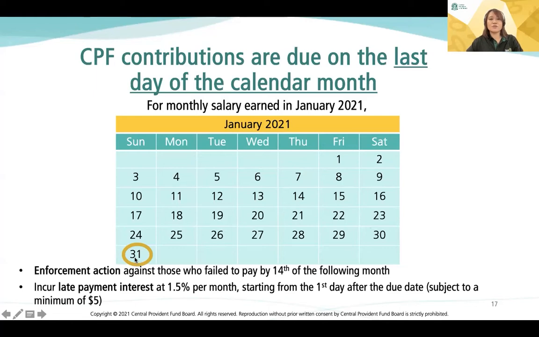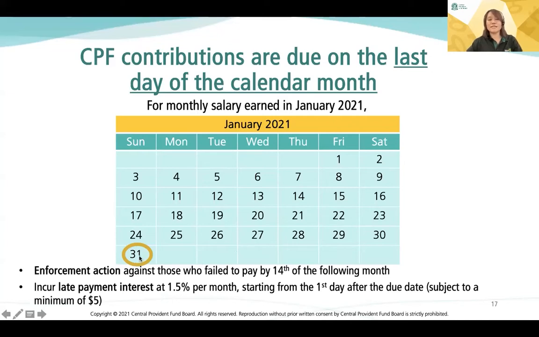Do take note that if you fail to make your CPF contribution by the last day of the month, enforcement action will be taken against those who failed to pay by the 14th of the following month. In addition to that, you will also incur late payment interest at 1.5% per month, starting from the first day after the due date.